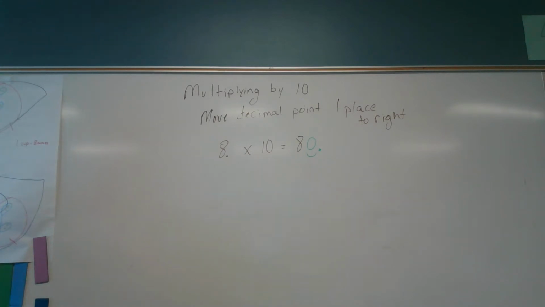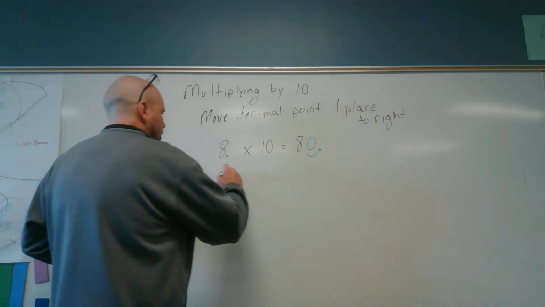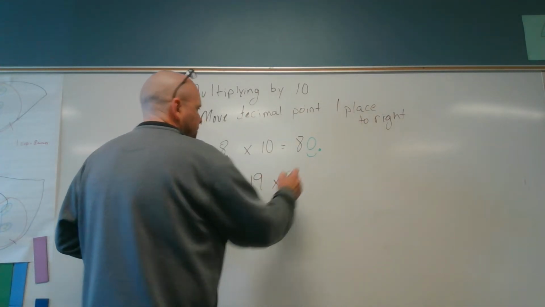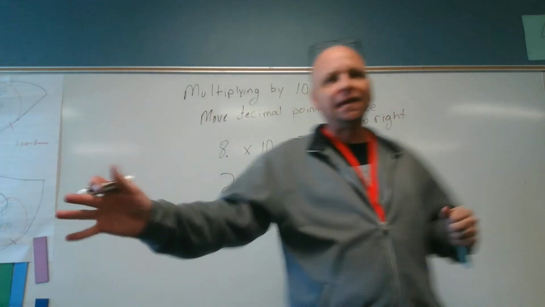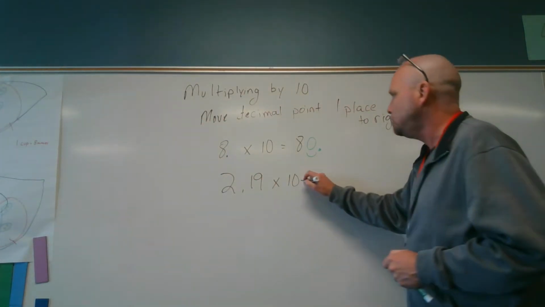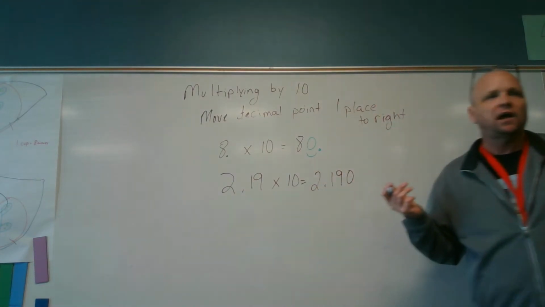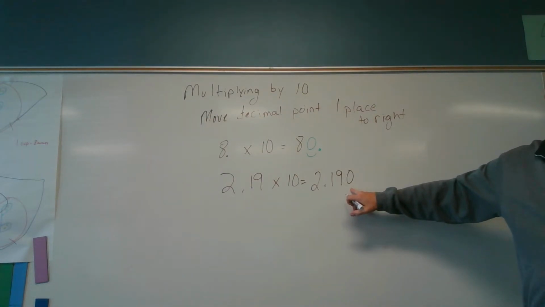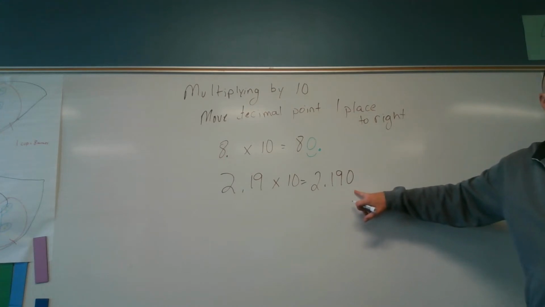Yeah. That's not true. Because if I gave you the problem 2 19/100 times 10, and you just made it, now this is going to be an incorrect example, 2.190, you didn't change the value of the problem. You just added 0 thousandths to it. Well, if you add nothing to it, that's the same value.